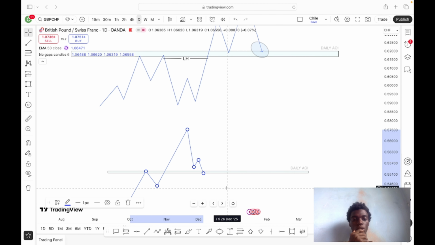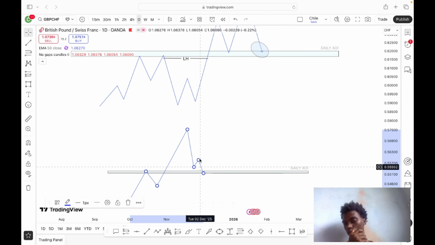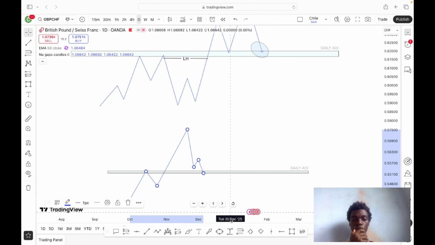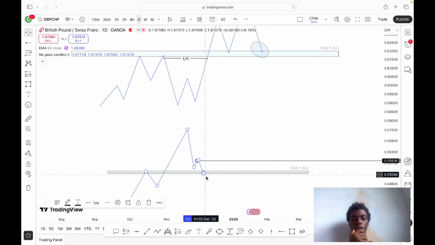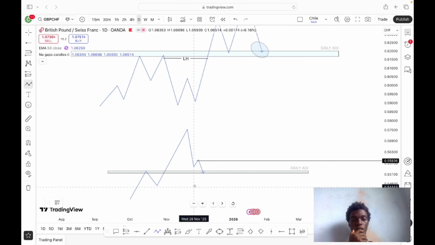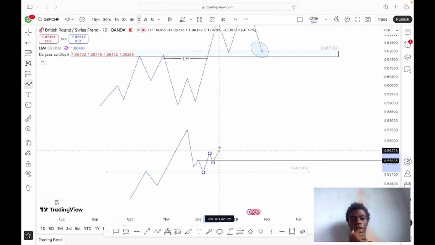In the daily area of interest, just right here, we look for the shift of structure. As you can see, as price approaches the area of interest, it shifts the structure by becoming a bullish trend.